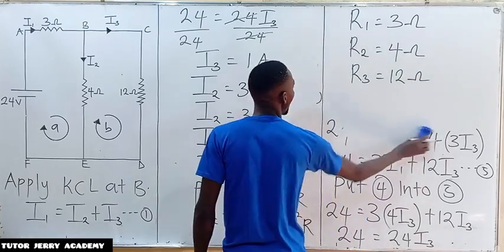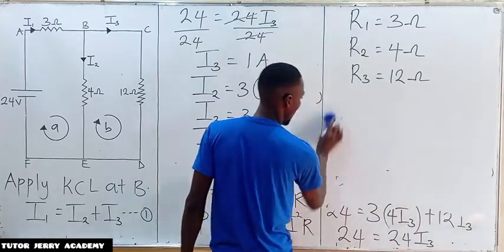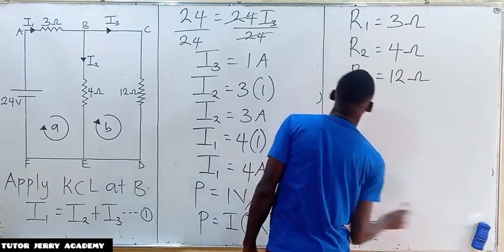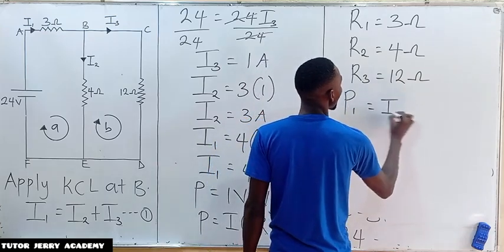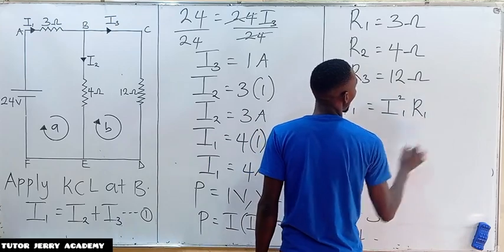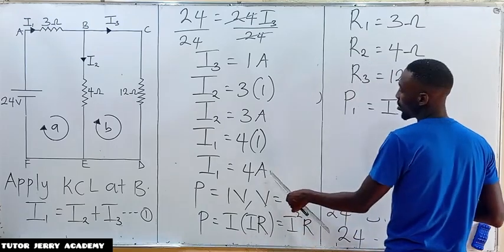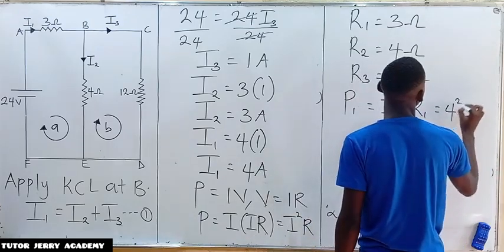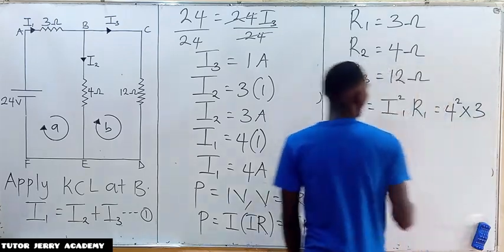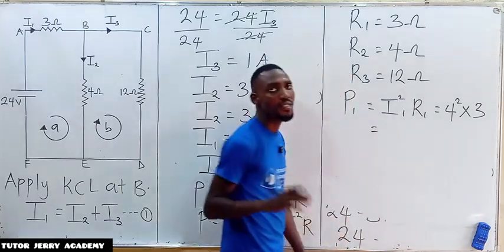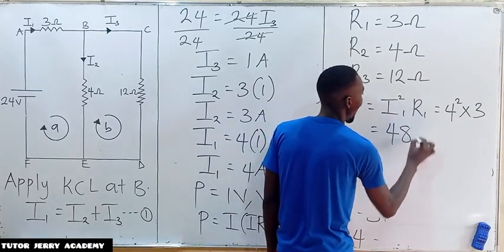All right, so P1 will be equals to I1 squared R1. I1 is 4, so it's going to be 4 squared multiplied by 3. That is 16 multiplied by 3, which is 48. So we are going to have 48 watts.